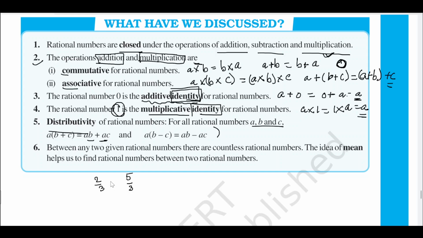There are going to be countless, infinite rational numbers between these two. 1 is also a rational number, 2 is also a rational number. So you can find unlimited rational numbers between these pairs. Between 2 and 3, how? Write anything.